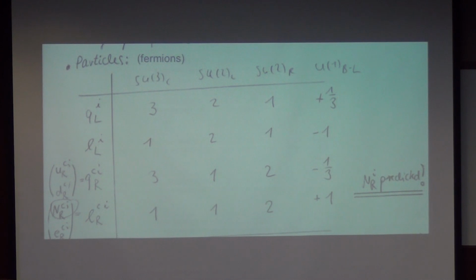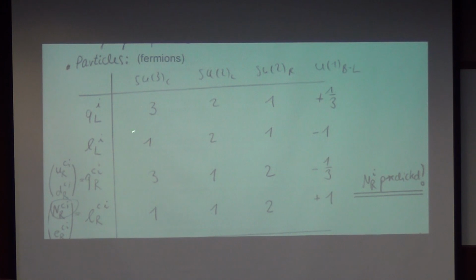So we have here, first to start with, the usual doublets that we know. The left chiral fields are still in the quark doublet and in the lepton doublet. The quark doublet is charged under SU(3) color and under SU(2) left. Here it remains a singlet. And here, this is why we call it B minus L, there's 1/3 of baryon number, so 1/3 of B minus L. Here we have the left chiral leptons.